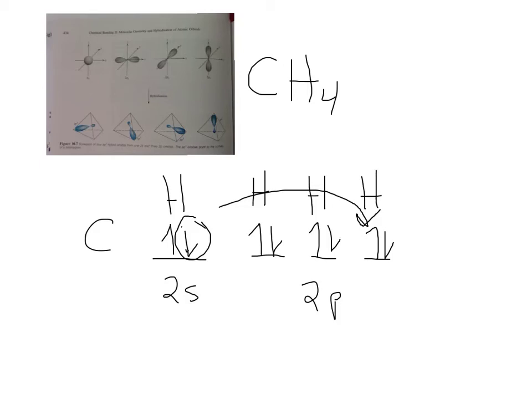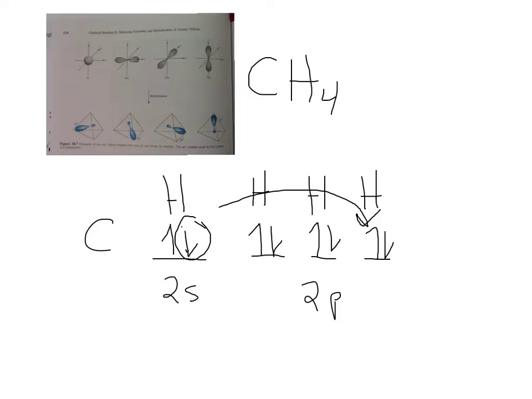There are your 4 bonds. So by promoting that 1 electron and changing its spin, we get 4 orbitals in the carbon atom that only have 1 electron in them, and then the hydrogen 1s orbitals can overlap, and we get our 4 bonds.